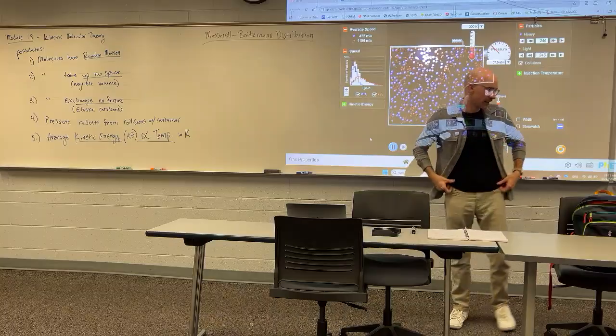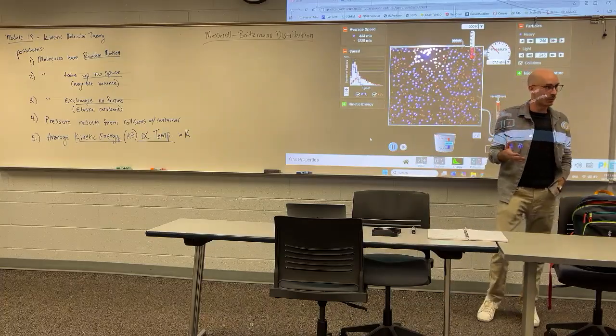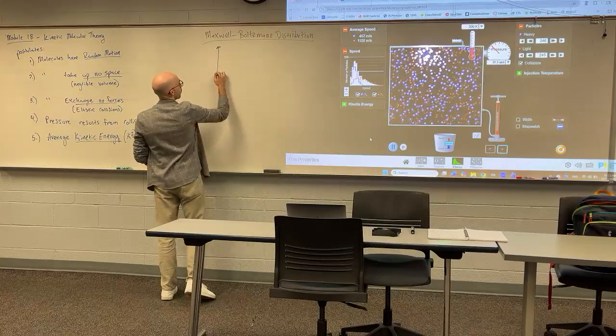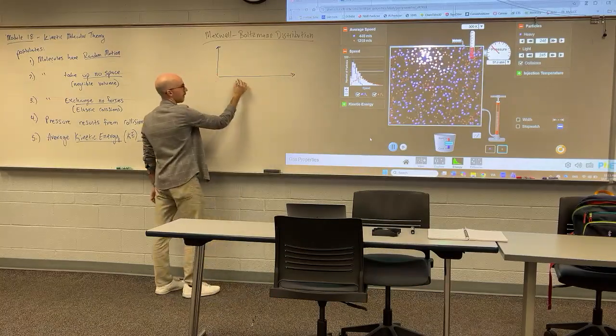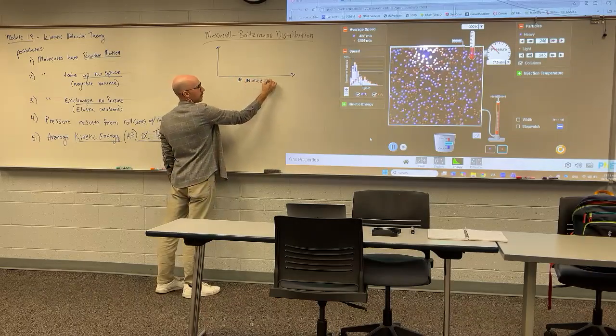They predict the distribution of energies of the molecules in a sample. On the x-axis, we say number of molecules.